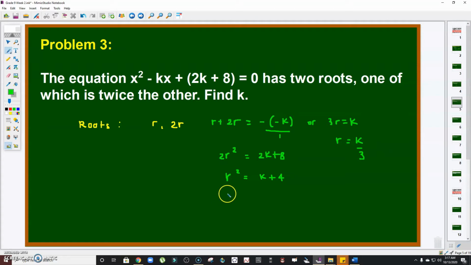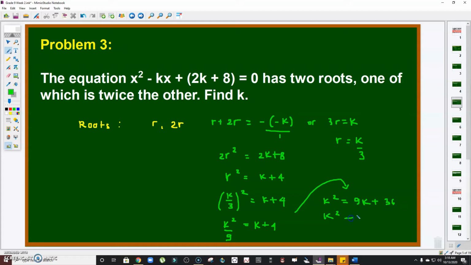So, meaning to say, this one will become k over 3 to be squared, equals k plus 4. There you go. So, that is, I'm going to have k squared over 9, equals k plus 4, or, dito na lang, so that will be k squared equals 9k plus 36.